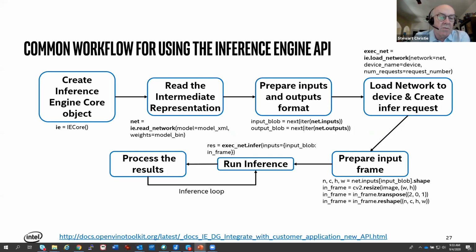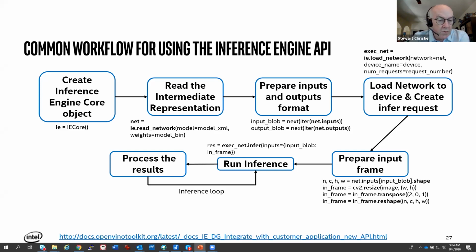So the net.inputs and the net.outputs are set up to contain those different requirements that each model has. Then we load the network to the particular device, the CPU, the GPU, or one of these PCI devices, using that load network call.